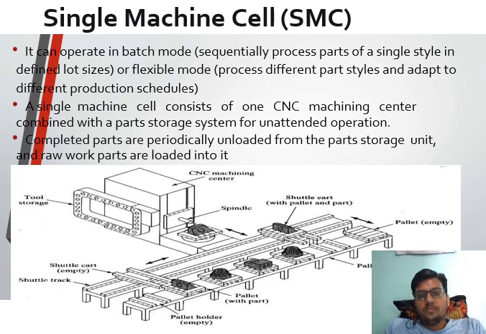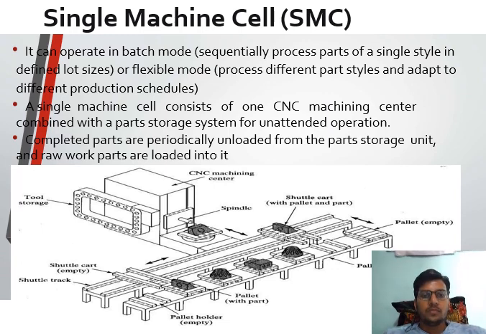here that this is your pallet, where we mount our workpieces or parts. Here we can see the shuttle cart with pallet and part. This is the track, where the complete cart can move from one position to another in this direction.